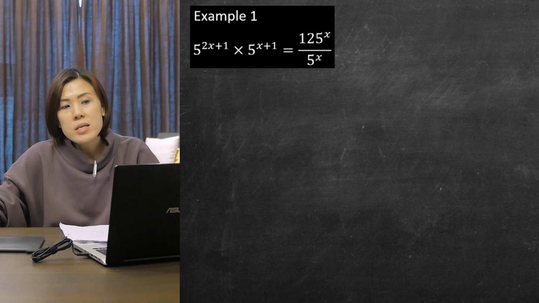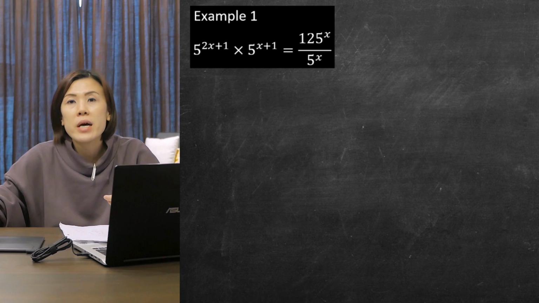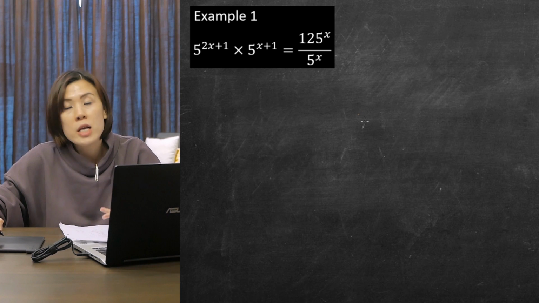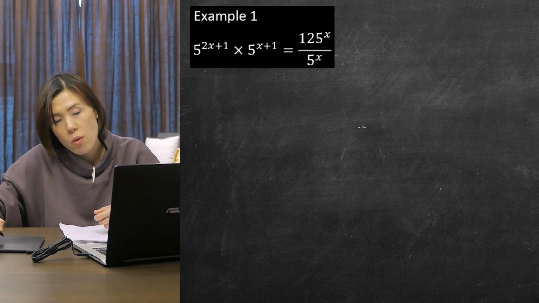Whereas for the right side, you can see that there is a different base, where in the numerator there is 125. So we need to make 125 the same base as the rest of the indices. So we have to make 125 as 5 to the power of 3.